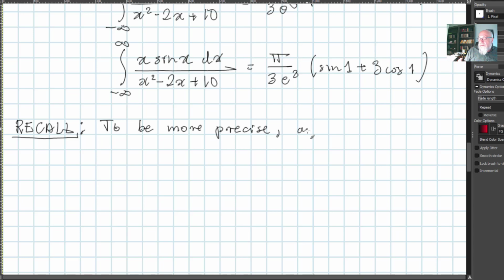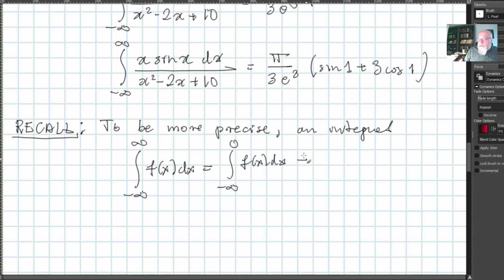An integral of this type, from minus infinity to infinity of f of x dx, is actually defined through two limits. First of all, you have to write it as two integrals: the first improper integral, and then from 0 to infinity, the second improper integral.